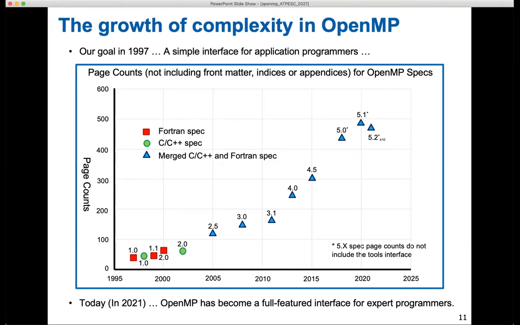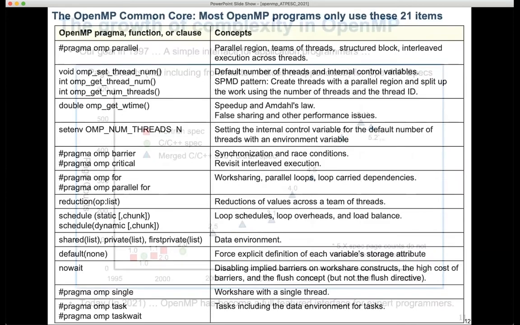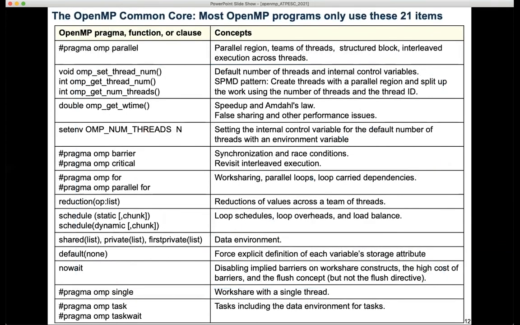And that's not good. And so what I have found, though, is if you talk to OpenMP programmers and you look at OpenMP code, even though this spec has become this thick, complex book, most people only use these 21 constructs. They only ever use these 21 constructs.